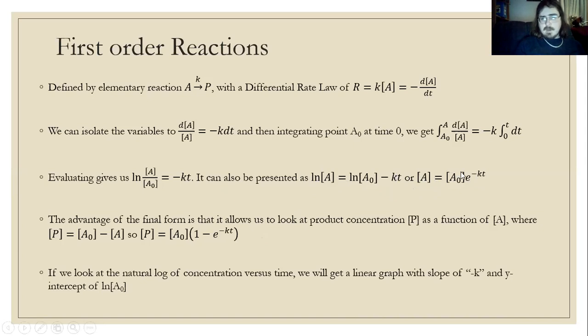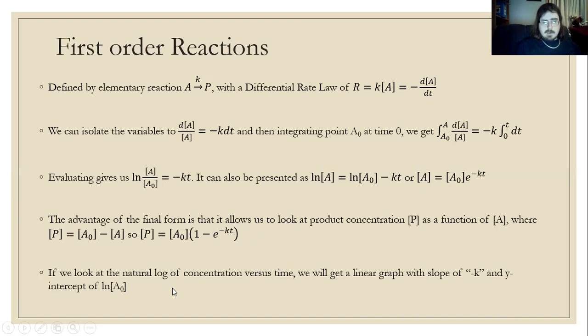The advantage of this final form is that it allows us to look at product concentration as a function of A, whereas product concentration is A sub 0 minus A, so product is equal to A sub 0 times 1 minus e raised to the power of negative kt. So rather than look at concentration A, we can look at concentration of P, which is rather convenient.